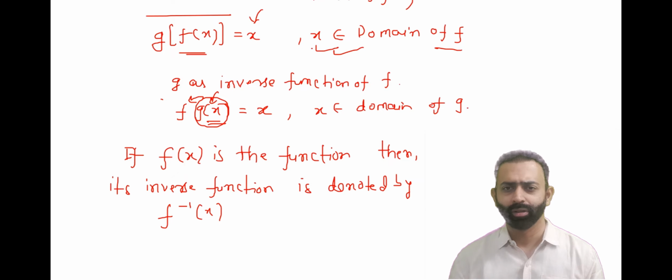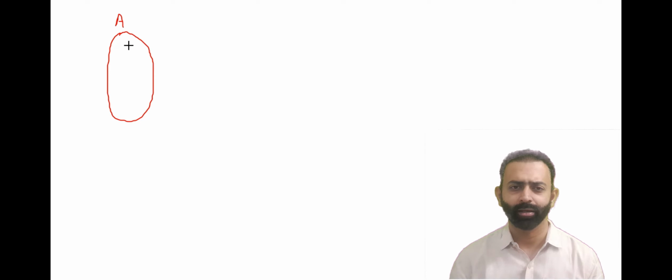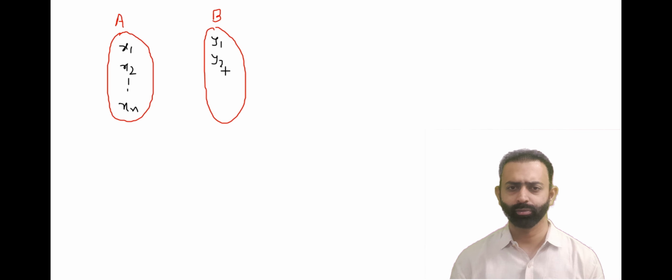Now let us come to the method of finding out the expression for f inverse x. But before that, there is one condition that needs to be satisfied for any function to have an inverse. What I mean by this is, consider one mapping diagram. This is set A, in which there are certain inputs, let us say x1, x2 and xn, and there is an output set B, whose elements are, let us say, y1, y2, y3 and so on till yn.